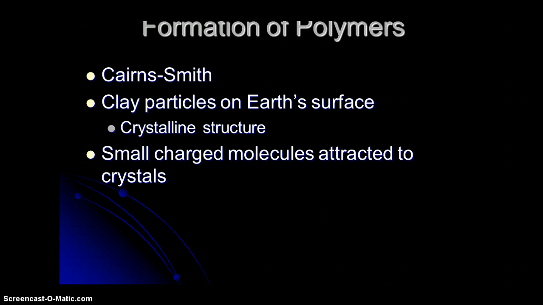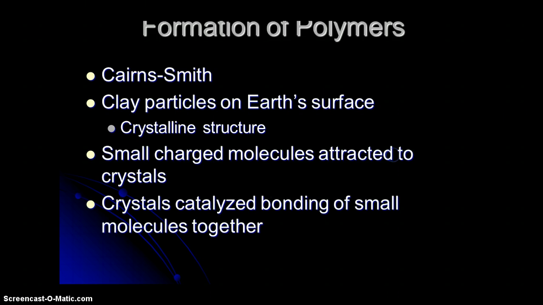So like a positive charge is attracted to a negative charge. And then those crystals help catalyze. Catalyze means to help. So those crystals catalyze the bonding of small molecules together. So all those small molecules that were attracted to the clay in the first place, the clay now helped form bigger molecules.